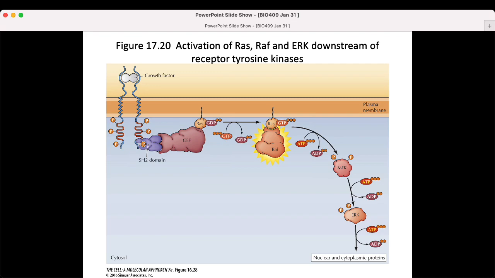For example, here's ELK. How does ELK get activated? Well, by phosphorylation, right? That's the proximate mechanism for regulating it. You could also say ELK is regulated by PDGF, because that's what PDGF is doing. You could flip it around and ask, what's the function of PDGF?